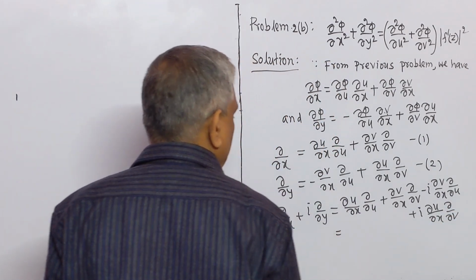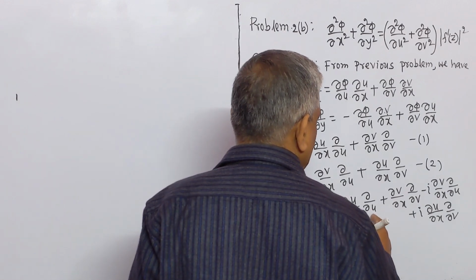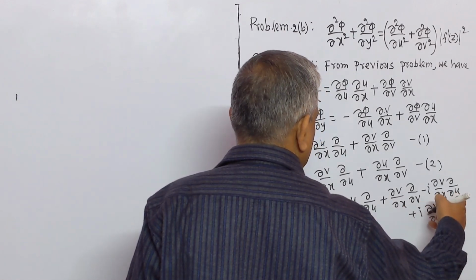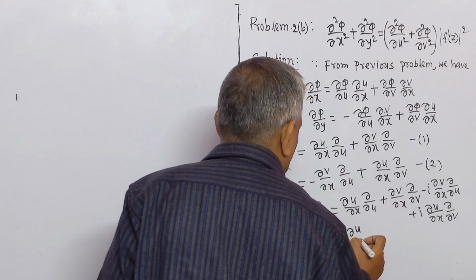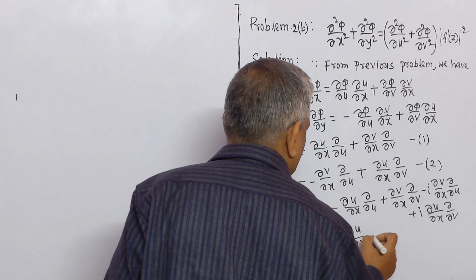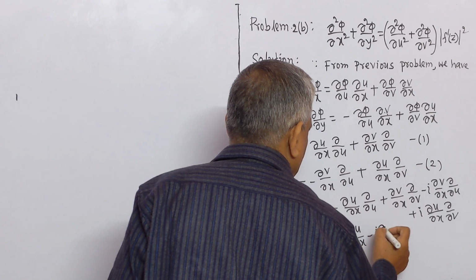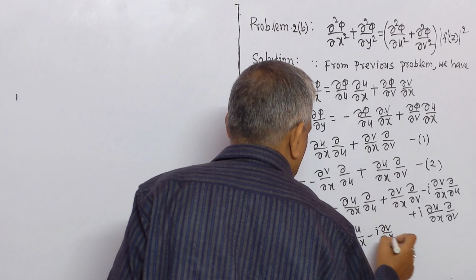We take common del by del u, so we get del u by del x minus i del v by del x.